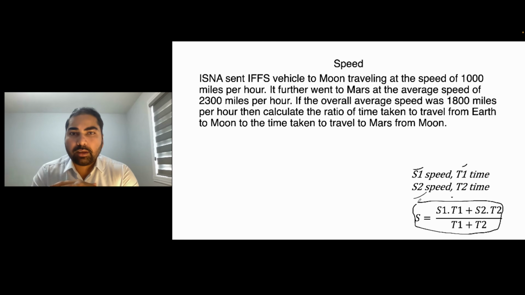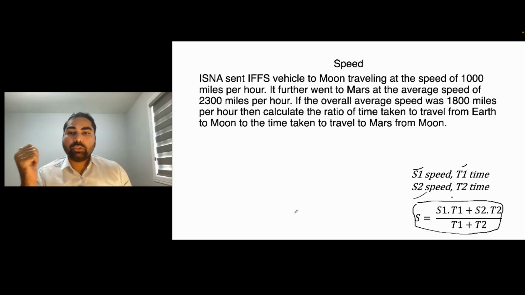So you send a vehicle to the moon traveling at 1,000 miles per hour, then it further went to Mars at an average speed of 2,300 miles per hour, and the overall average speed was 1,800 miles per hour. So you've got to calculate the ratios there. That's super easy.